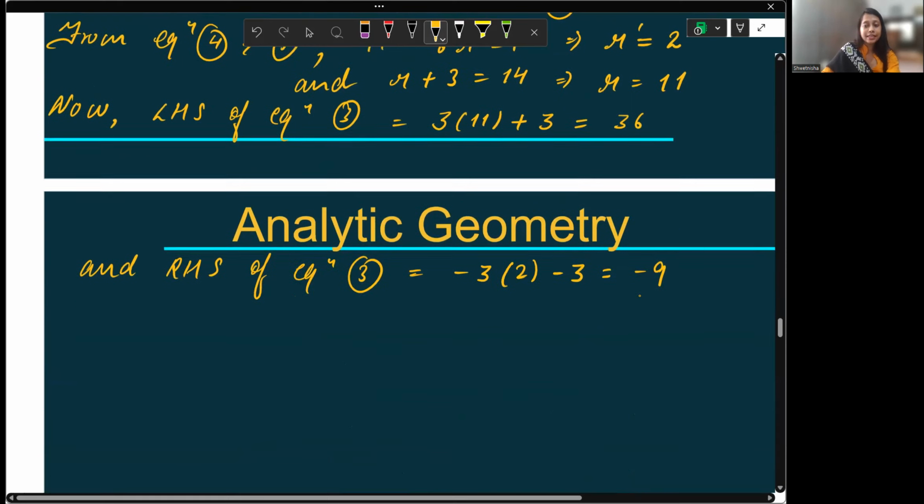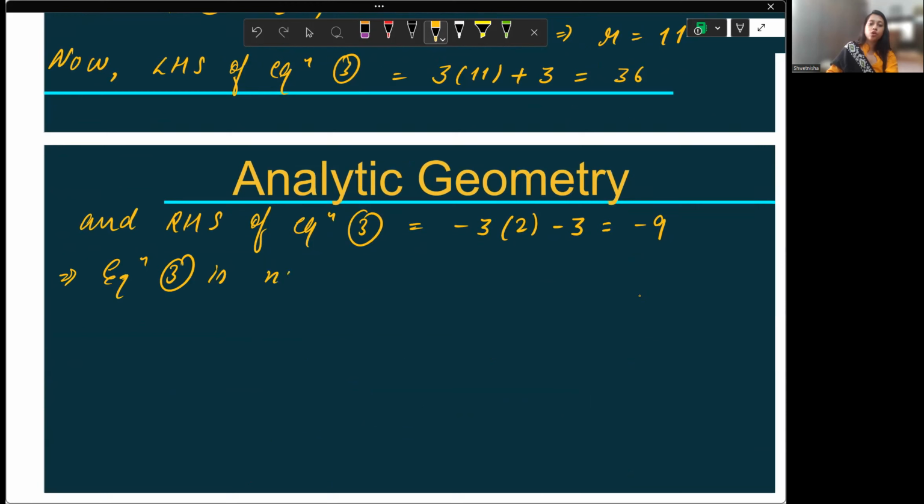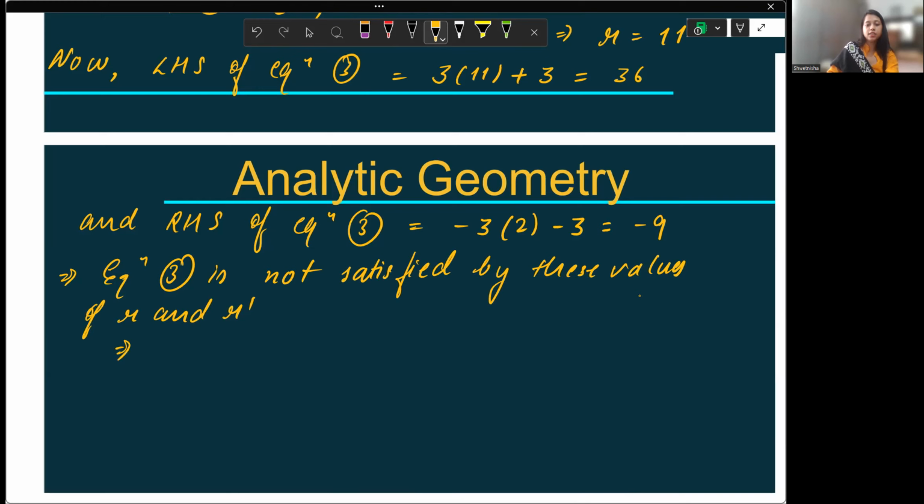It's minus 9. Definitely equation 3 is not satisfied by these values of r and r dash. What does that mean? It implies line 1 and line 2 are not intersecting.